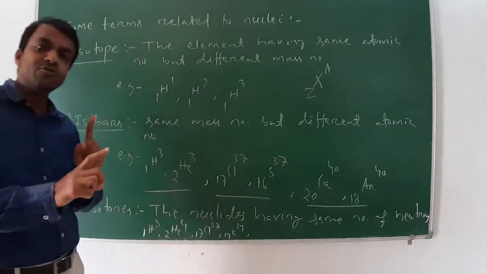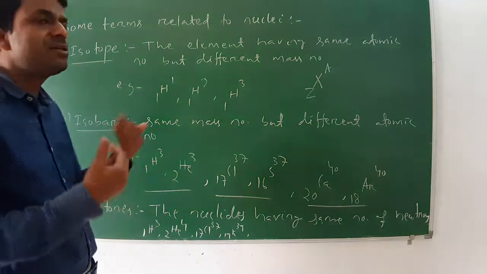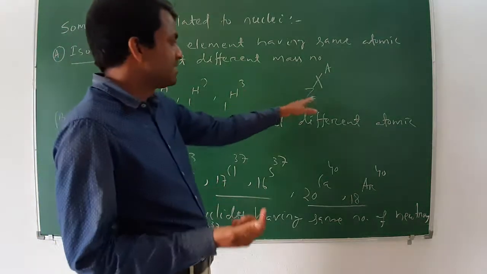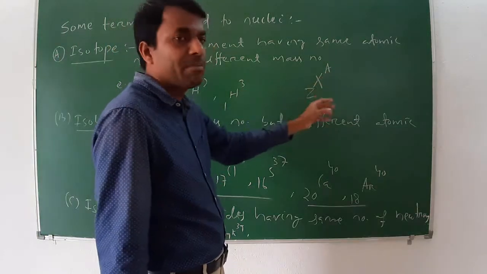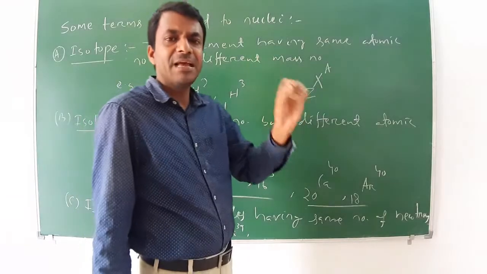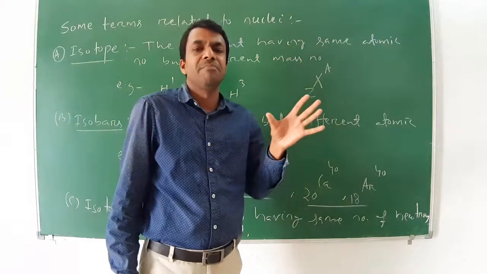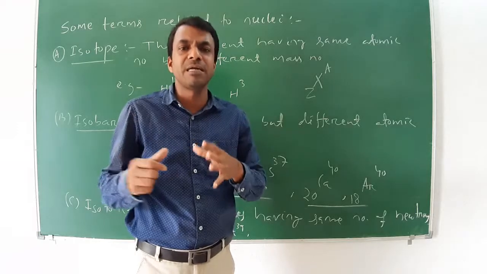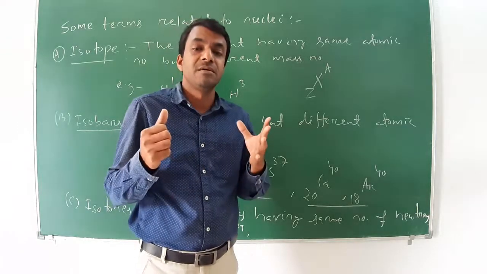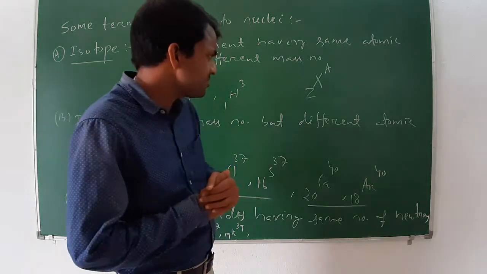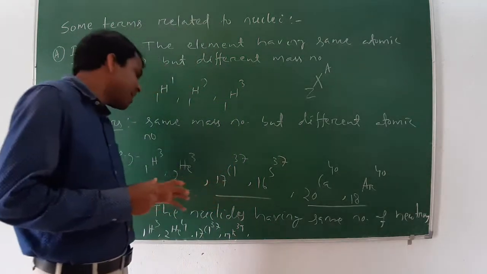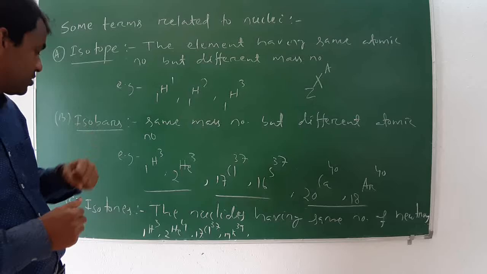Same number of neutrons. How is the number of neutrons calculated? Z is the number of protons and A minus Z is the number of neutrons. A minus Z, mass number minus atomic number, represents the number of neutrons present in the element. What are examples of isotones?